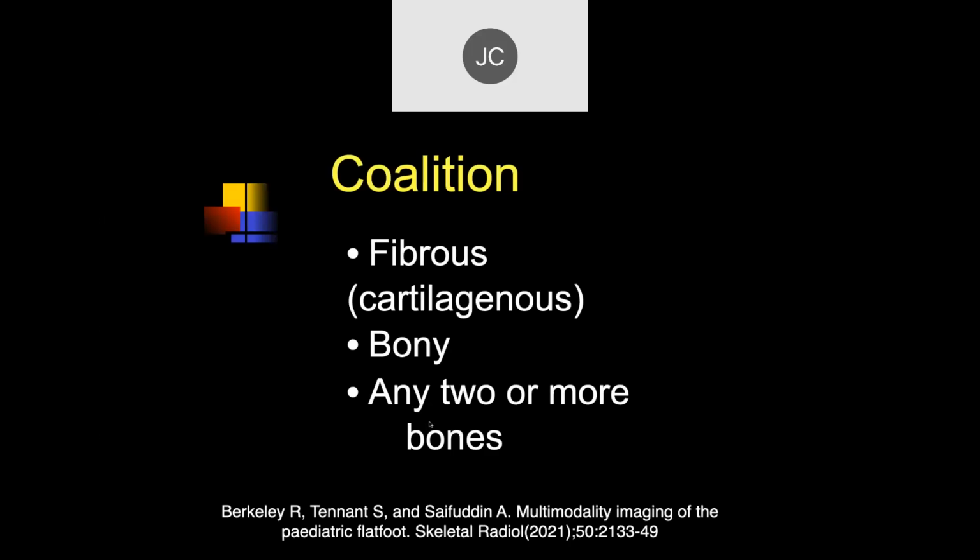Okay, so let's talk about coalition. As you know, you can have fibrous coalitions or cartilaginous coalitions. Some people separate these two. Or it can be a bony coalition. This is where there is abnormal fibrous tissue, cartilage, or bone binding through a joint that should be more freely movable.